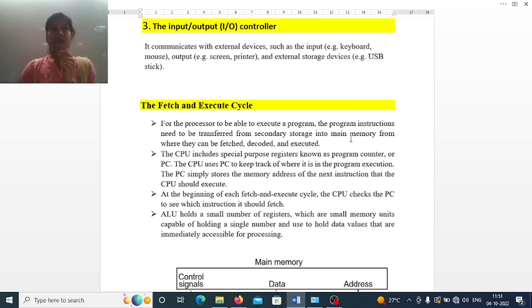When the processor wants to execute some program or instruction, that instruction needs to be first fetched from the main memory, and then it needs to be decoded and then executed by the processor. So that cycle is known as the fetch execute cycle.